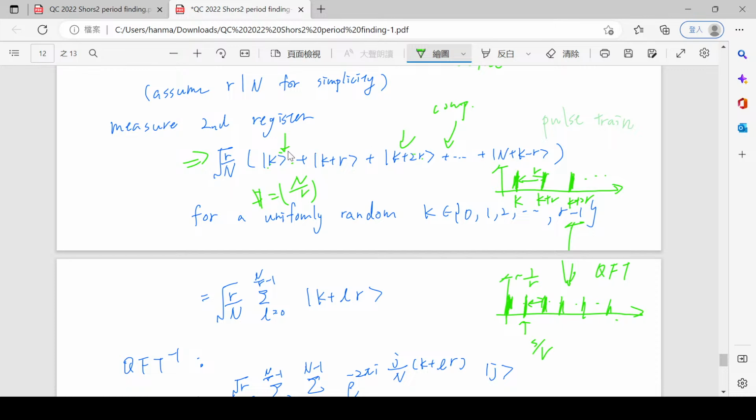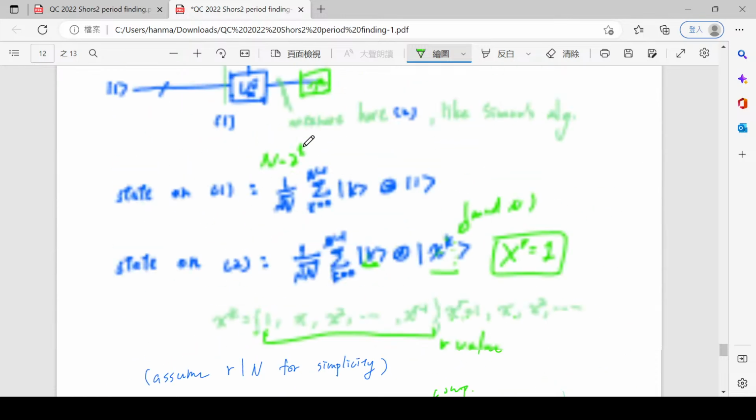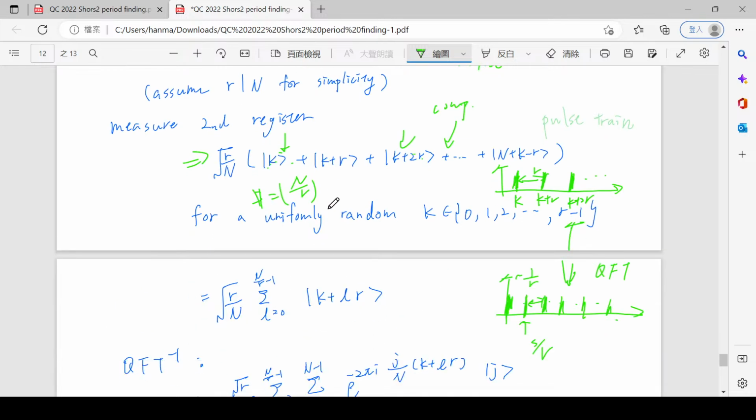So you will measure this, then you get a random k plus a random r, and if you run this again, you will get another k prime. But the k and the k prime don't relate to each other, so you cannot really get anything out of those computational basis measurements. And that's why we need to do this Fourier transform to actually get this 1 over r.